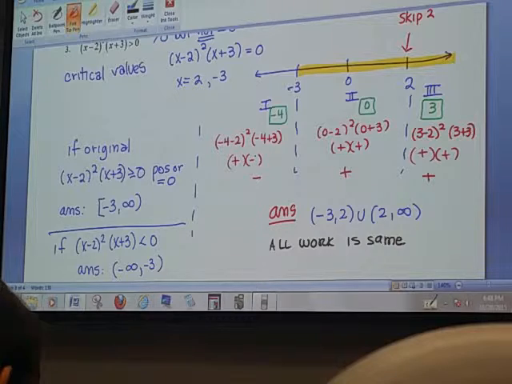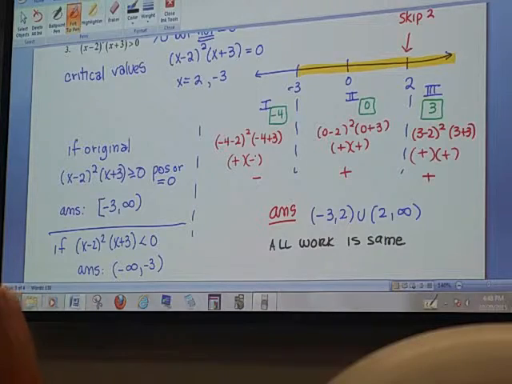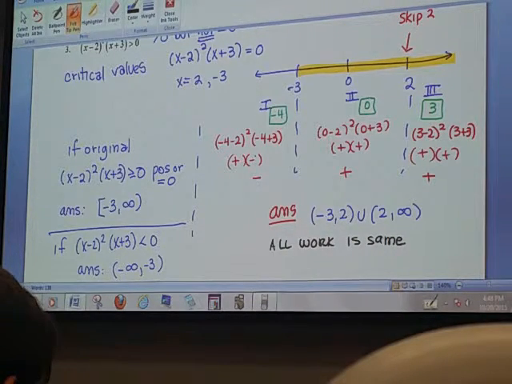Less than, greater than, less than or equal to, greater than or equal to, completely irrelevant. That whole structure where you figure out the critical values, you make your little picture on the number line, you analyze whether it's positive or negative, that's the same work for every single problem. But the final answer can be totally different, depending on which way the inequality sign goes.